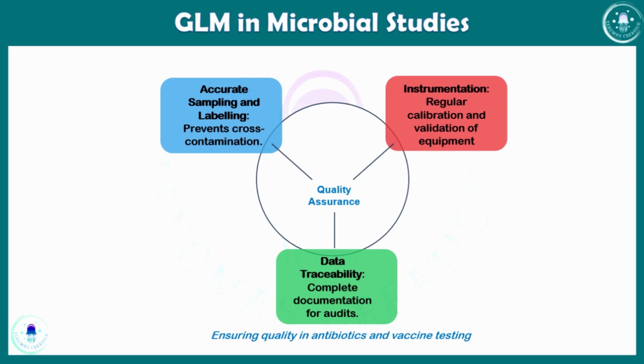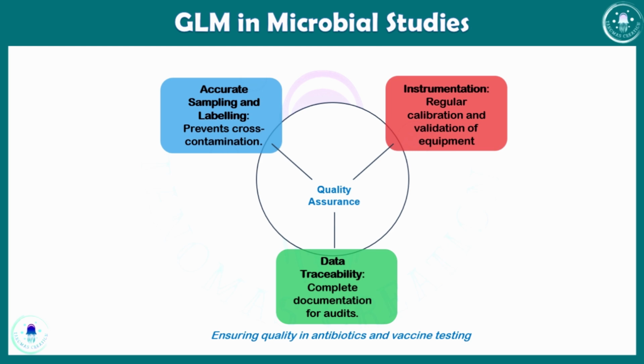So you will be able to find it whenever you want it, whether it is for your work, or for audits or regular checkups, like when regulatory bodies come to check the industries whether everything is going on in a proper manner or not. Okay, so at that time this data traceability helps a lot.